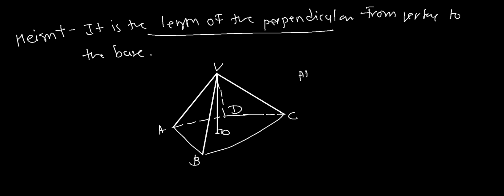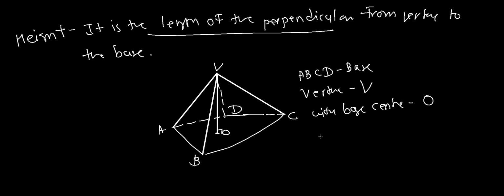So A, B, C, D is the base, vertex is V with base center as O. So the length of VO, here the perpendicular actually on the center, it can move anywhere on the plane, but for the current figure the perpendicular passes through the center. So the length of VO is the height of the pyramid.